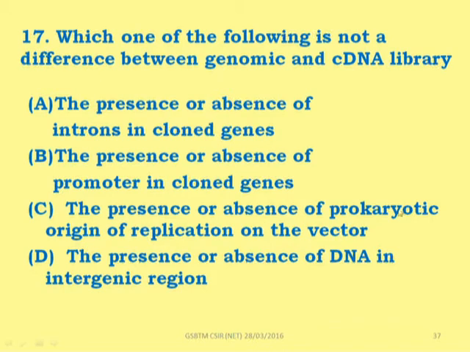The presence or absence of prokaryotic origin of replication on the vector is right. Presence or absence does not make any difference. There should be an ORI, and the gene can be transferred directly and transformed into the host. So C is the right answer. The presence or absence of DNA in intergenic region has no correlation with genomic and cDNA library.